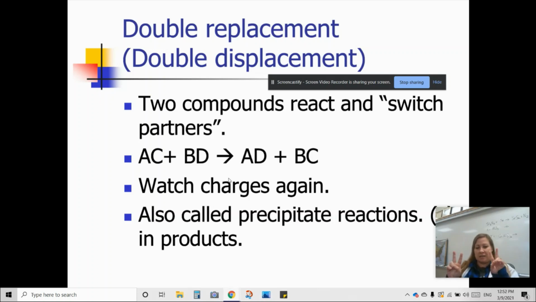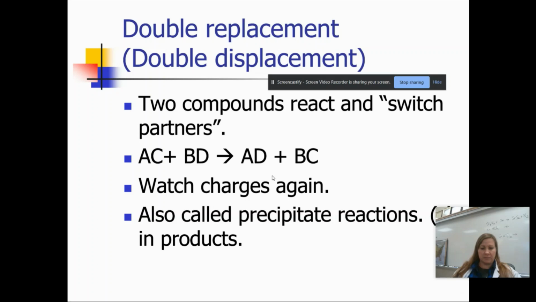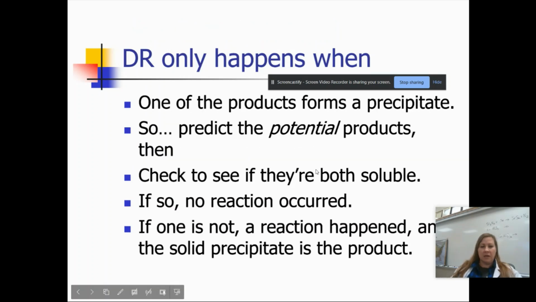And they react in such a way that this +1 bonds with this -1, and this +1 bonds with this -1, and so we have two new couples. You have to pay attention to charges, and remember we said we call these precipitate reactions, which means you get a solid in the products. Double replacement only happens when one of the products forms a precipitate.